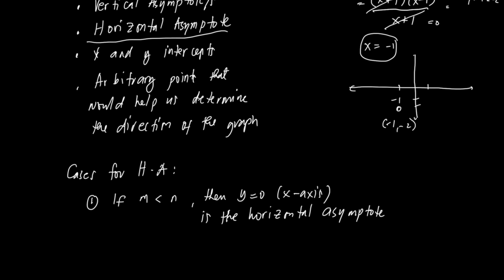Now, if m is equal to n, then y equals a sub m over b sub n is the horizontal asymptote.